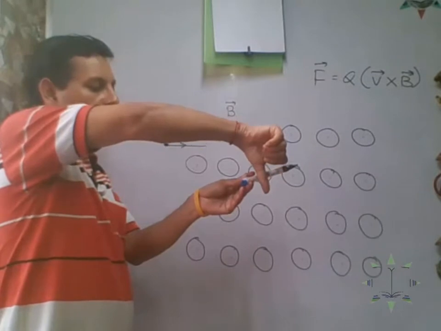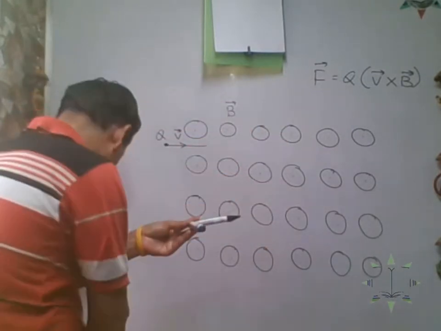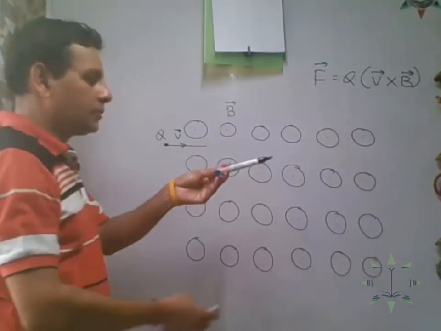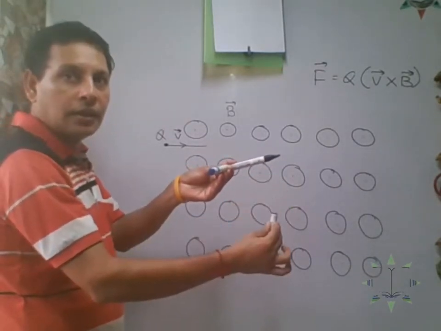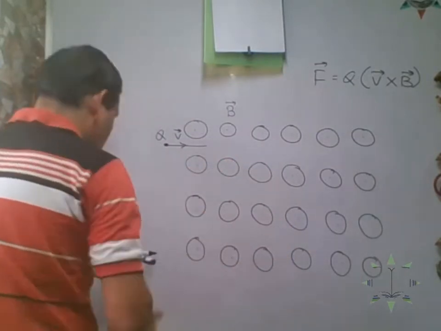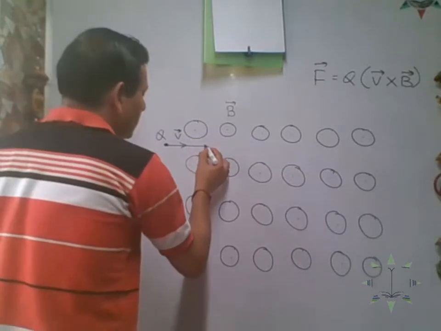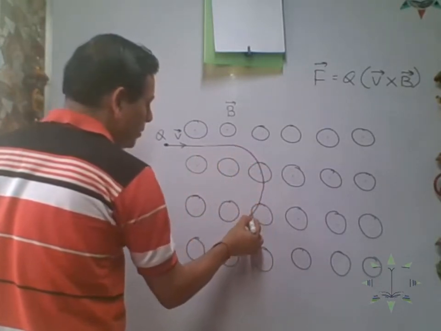So the charged particle will experience a force perpendicular to the velocity. It means the charged particle will experience a force at right angle, and any force at right angle will tend to move it like this. How will the motion be?